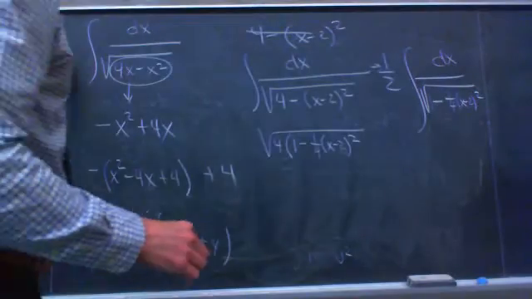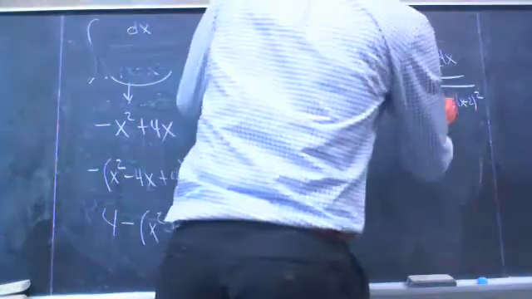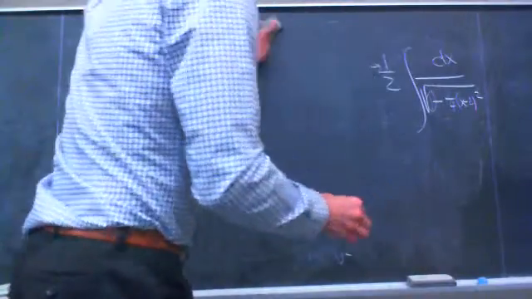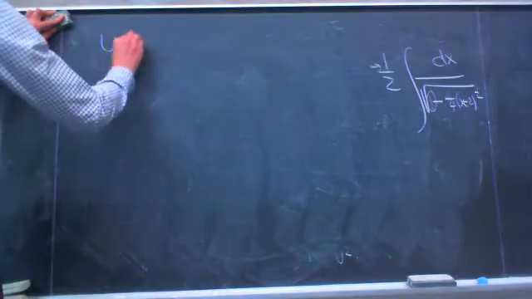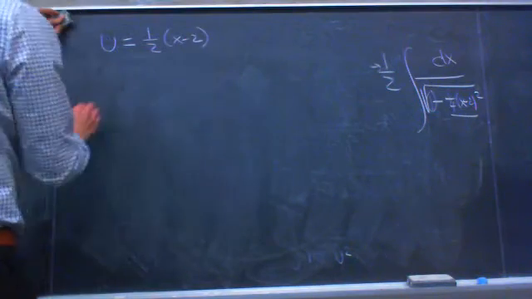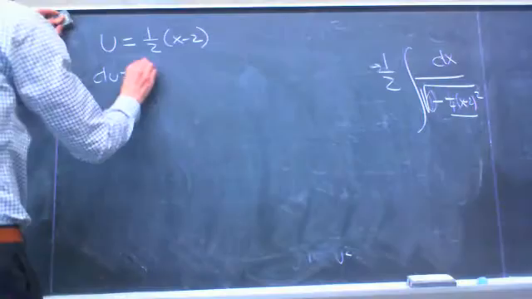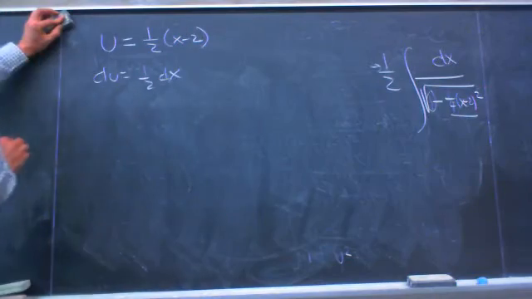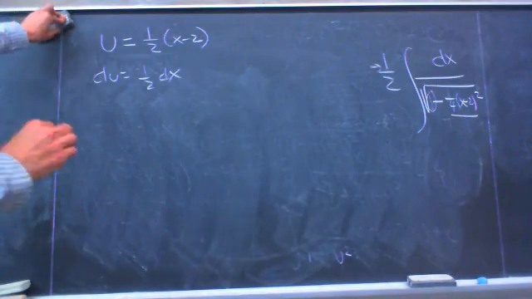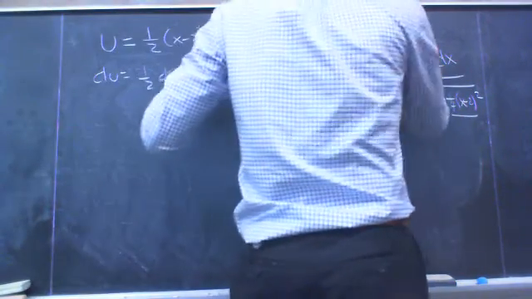Okay? So now that I have the constant, which is a 1, I can choose my u. My u is going to be the square root of the variable piece, which is 1/2 of x minus 2. du is 1/2 dx. So I'm going to put in a 1/2 and take out a 2.